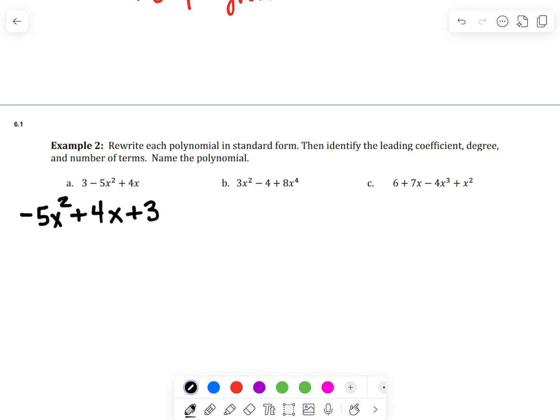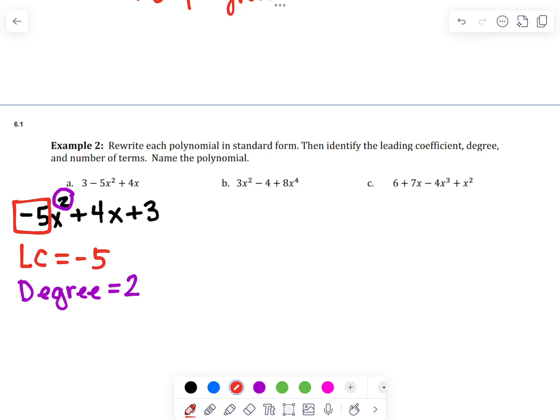So now it's in standard form. Now we need to identify the leading coefficient. So the negative 5 is your leading coefficient. The 2 represents your degree. So the degree is 2.